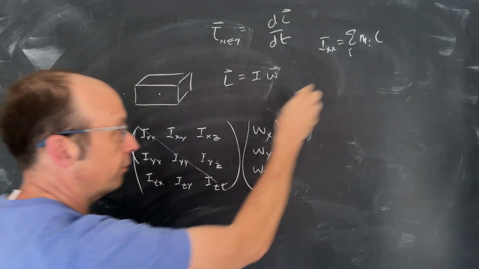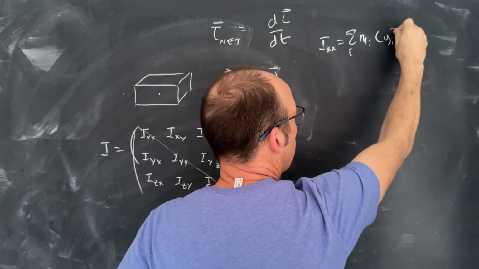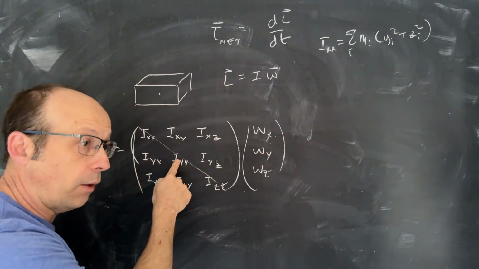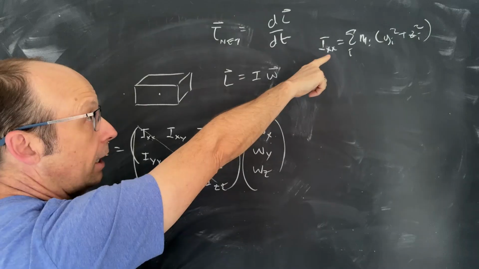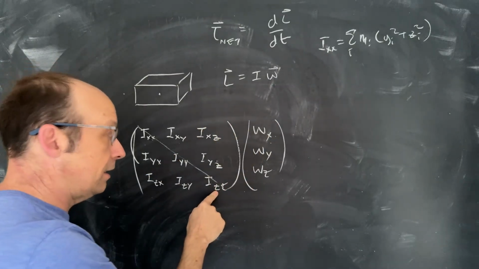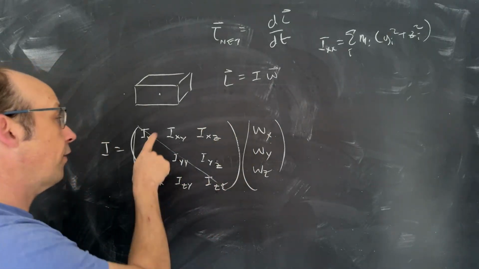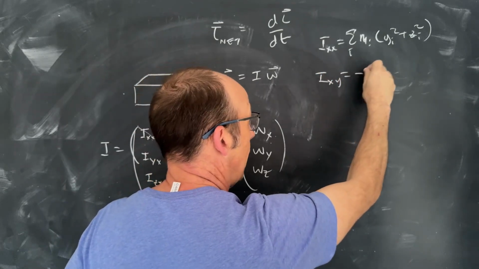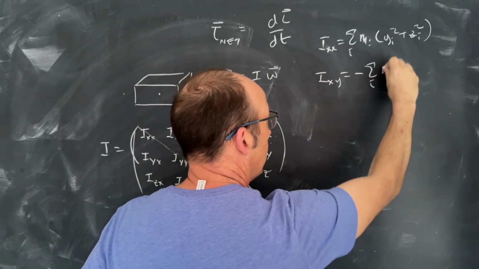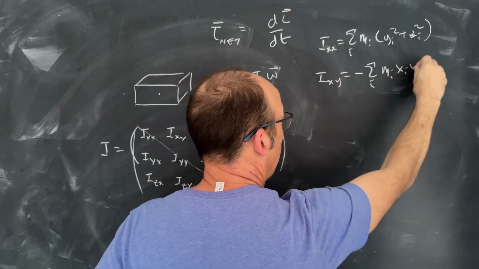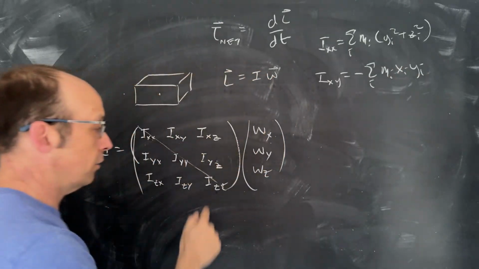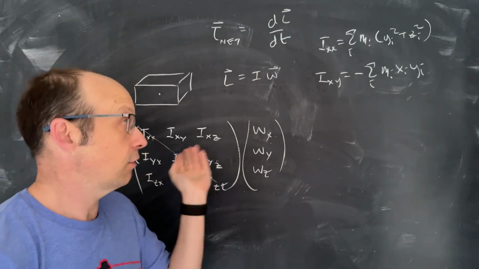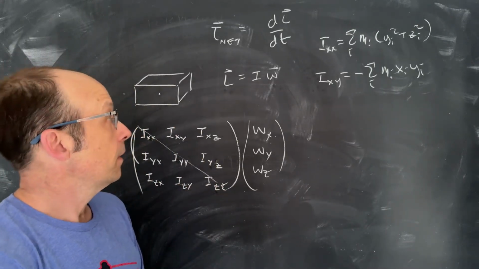It's not going to be x squared. So it's going to be yi squared plus zi squared. And so Iyy is going to be mi times xi squared plus zi squared, and Izz is x squared plus y squared. Now for the off-diagonal elements, such as Ixy, they're going to be negative the sum over i of mi xi yi. So Iyz is going to be negative mi yi zi, and so forth. So we can calculate all those things.